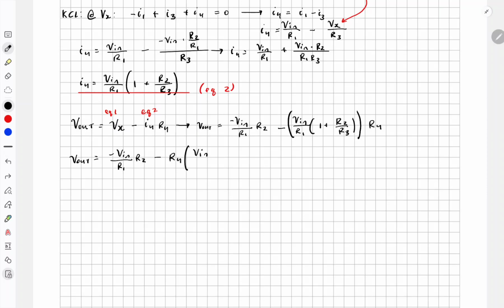We should not have taken it out, but it's too late now. Vin R2 over R1 R3. So the reason why now is it's easy, we can just factor out the Vin.